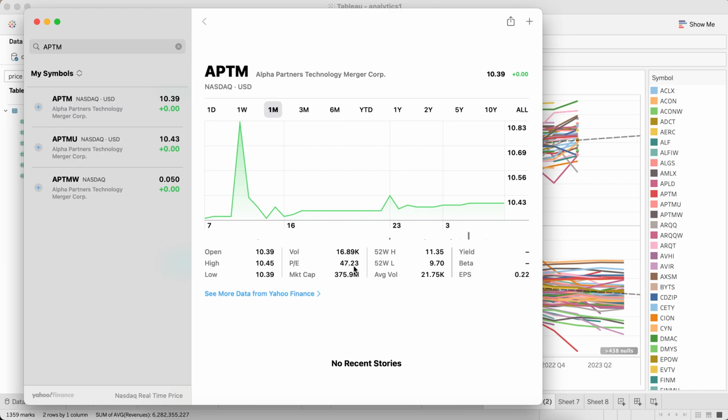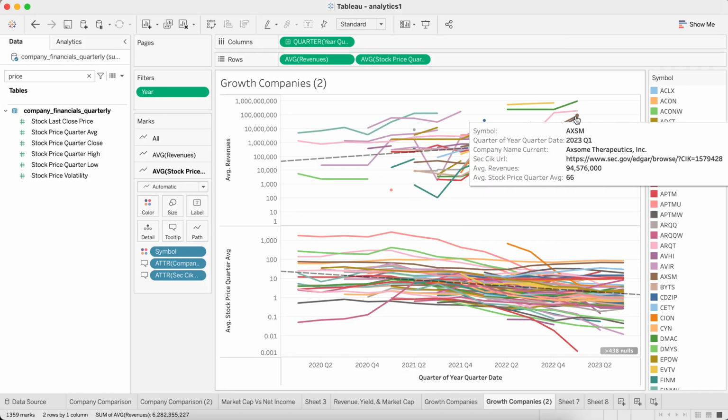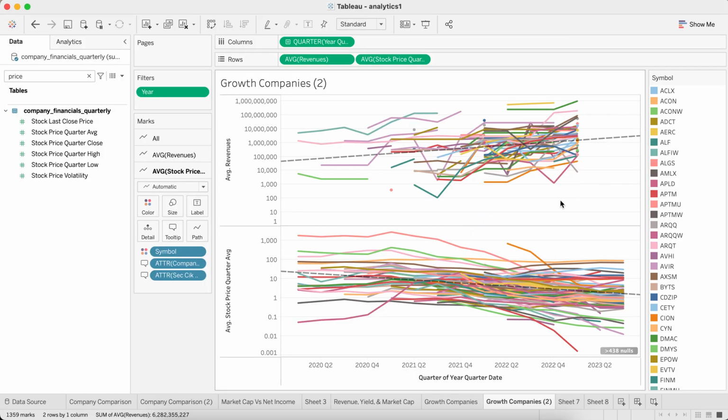Looks like they have a fairly high price to earnings ratio, and so definitely it's a small cap of 375 million. But that looks like an interesting company to perhaps learn more about if you are interested in smaller growth stocks.